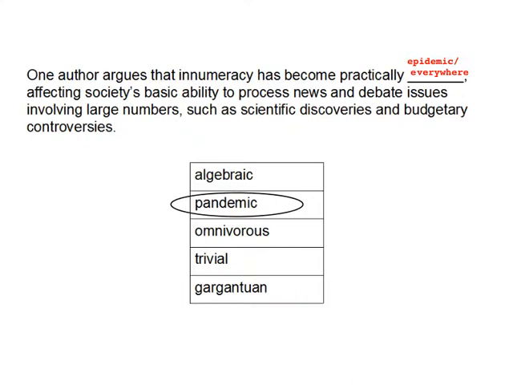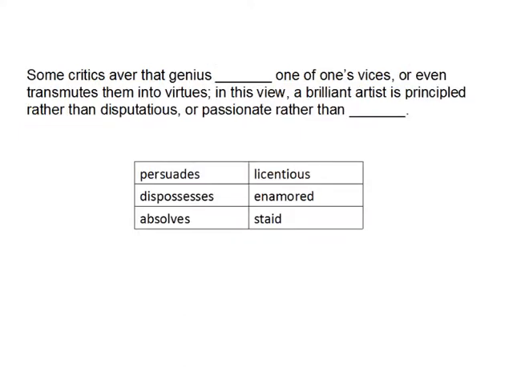And it's not just the size of innumeracy, because innumeracy is like a quality, a condition. It's not that the flu gets bigger, it's that it has a wider impact. And pandemic is much more closely related to having a widespread impact than simply being large, like gargantuan.